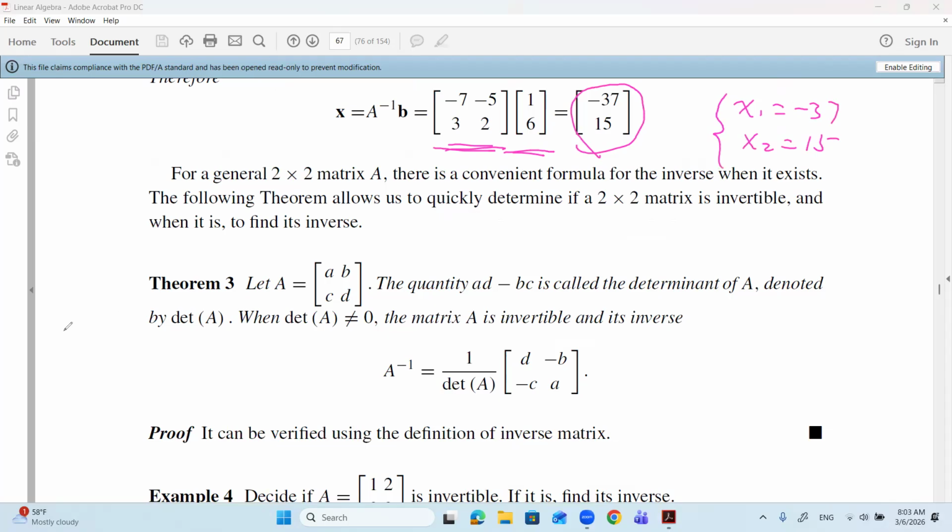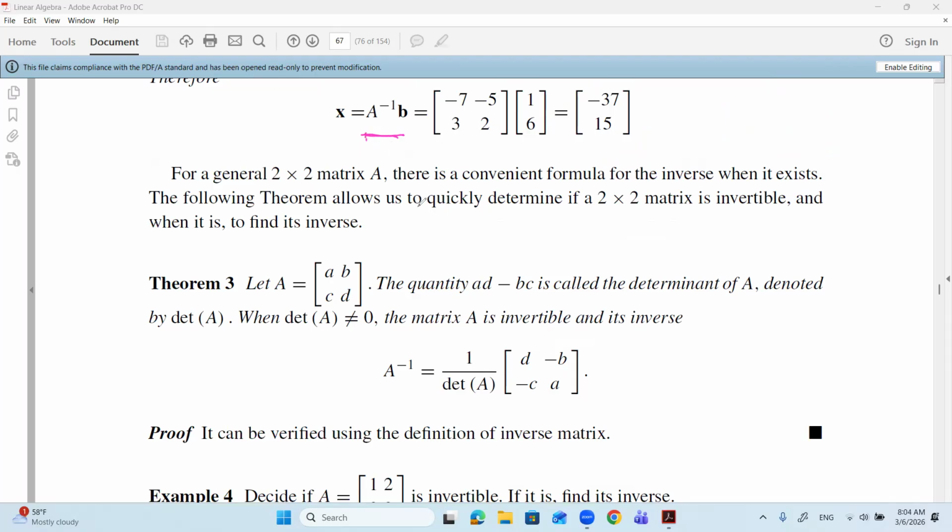So in this example, you see that we have another way to solve a linear system. In addition to row reduction, we can also use the inverse of A if the inverse of the matrix exists.